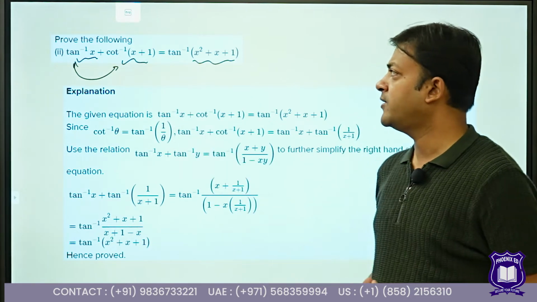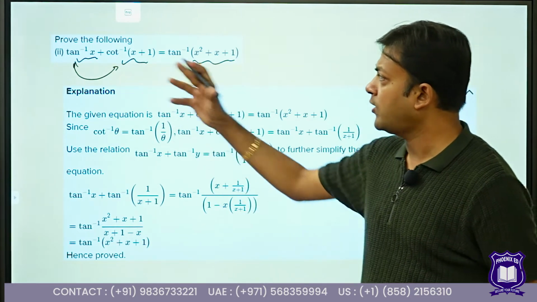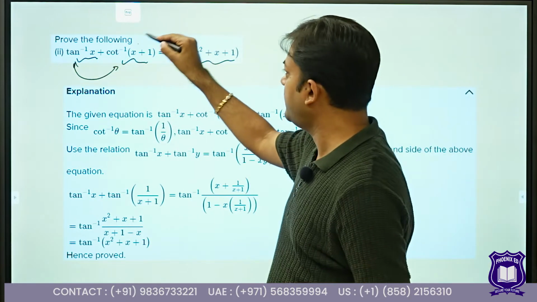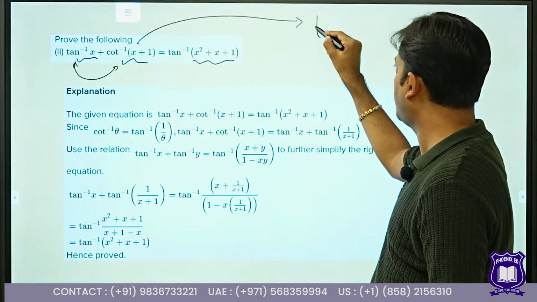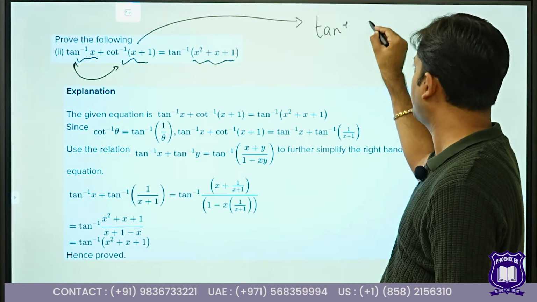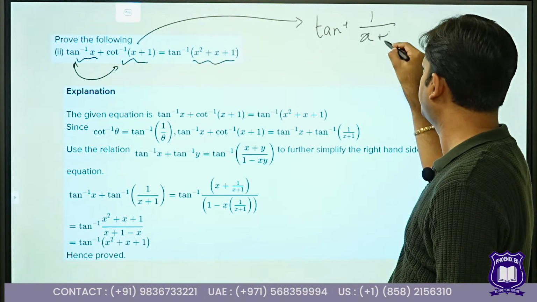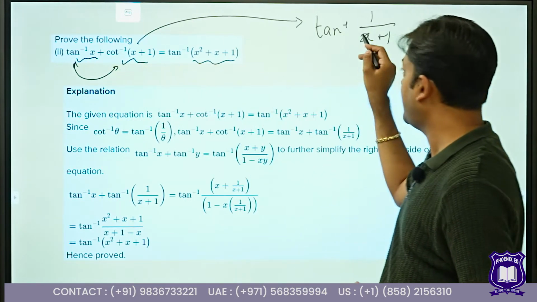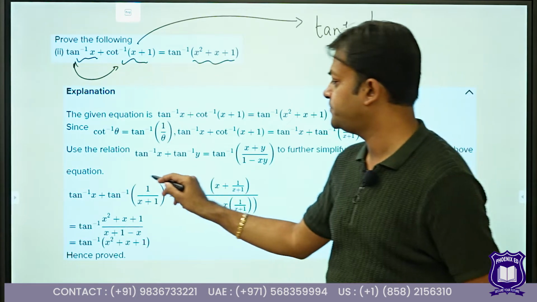First one is tan inverse x. Let us convert cot inverse into tan inverse also. So, cot inverse of (x plus 1) can now be written as tan inverse of 1 over (x plus 1). Now, my question becomes tan inverse x plus tan inverse 1 by (x plus 1).